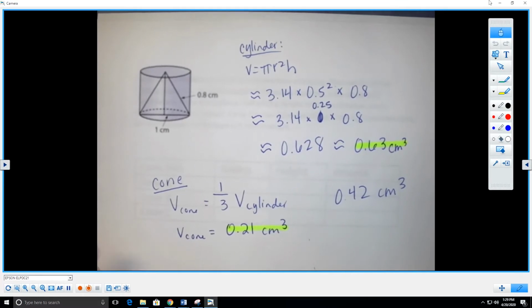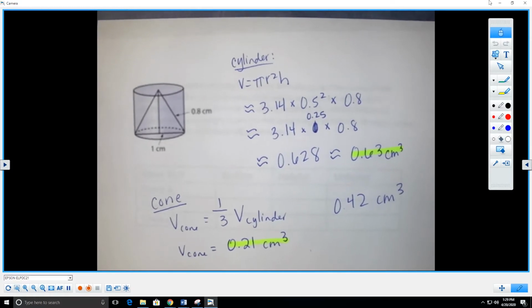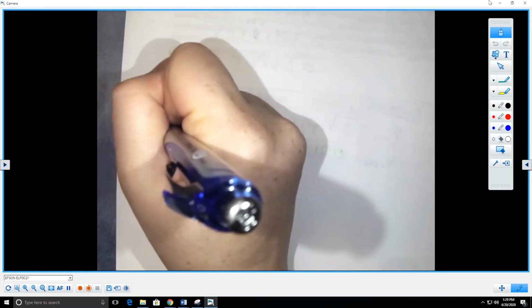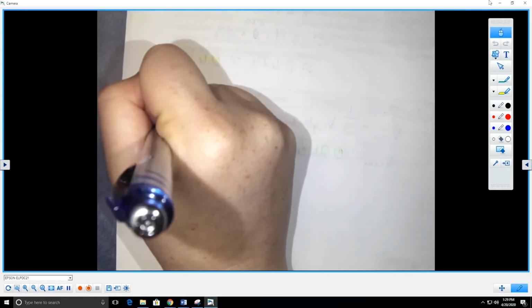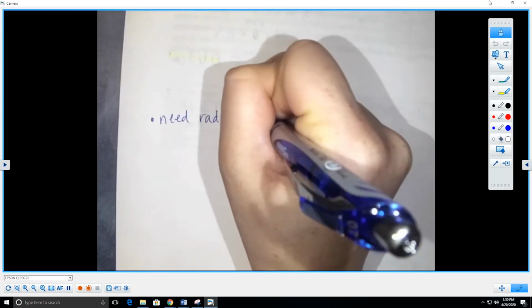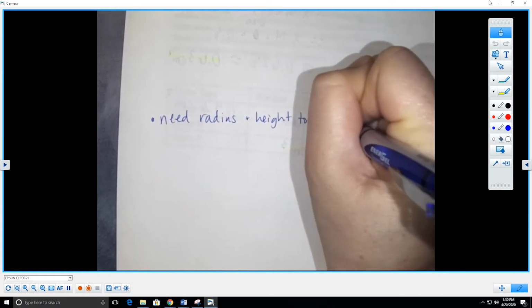So before we move on, let's recap on a few things we've learned about finding the volume of cones. Jot these down and keep them in mind while we work on a few problems. I'm going to actually write them down with you. So, as with the cylinder, you need the radius and the height to determine the volume.